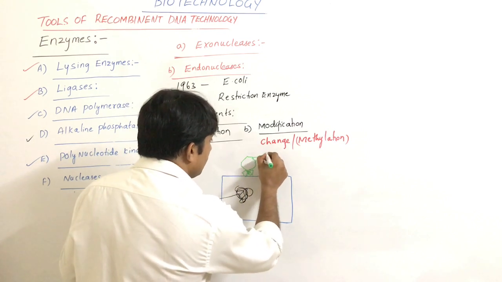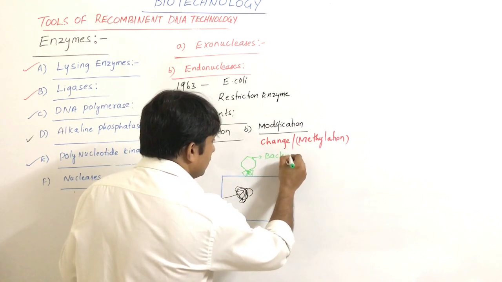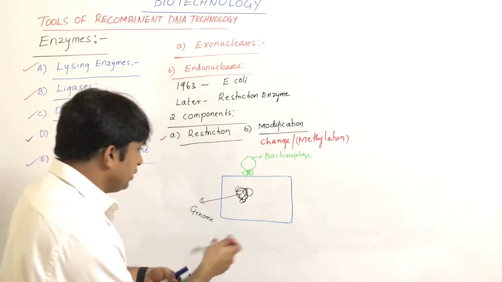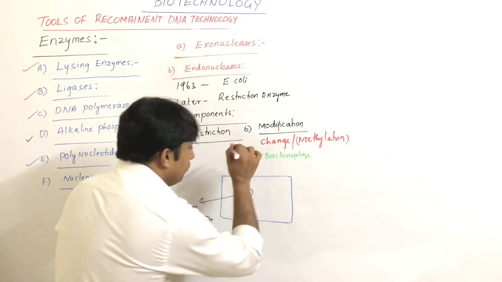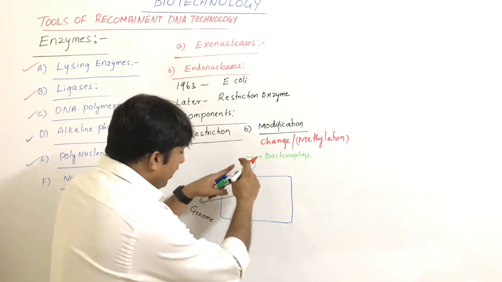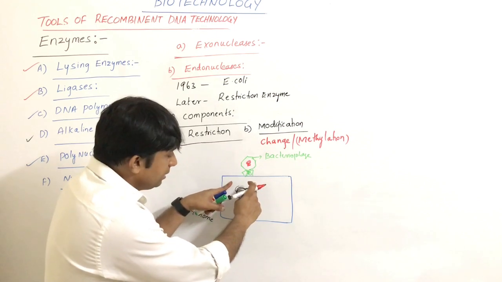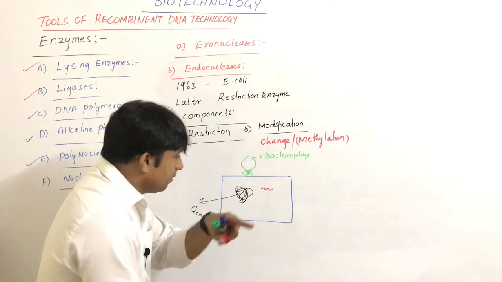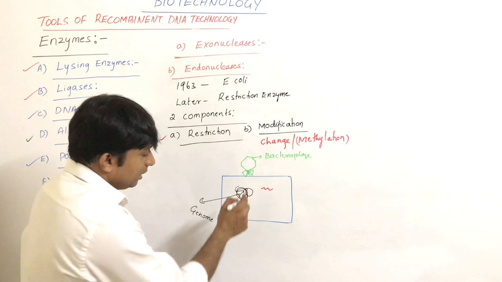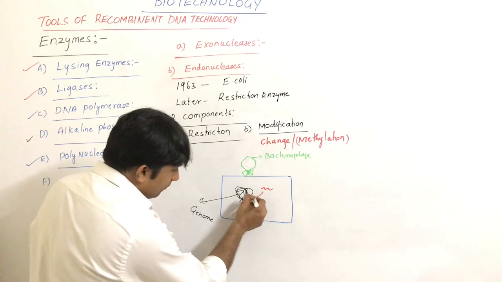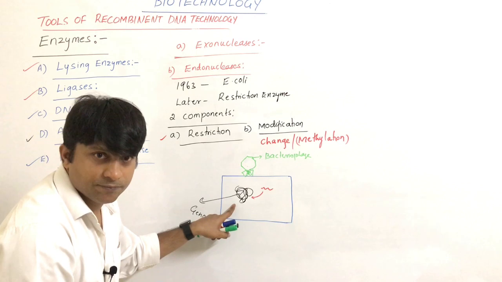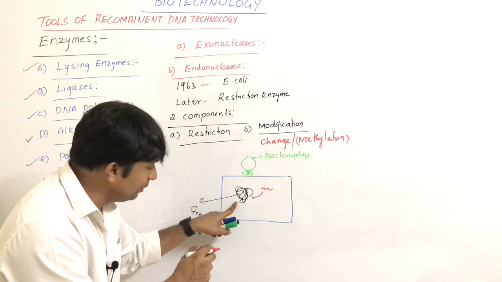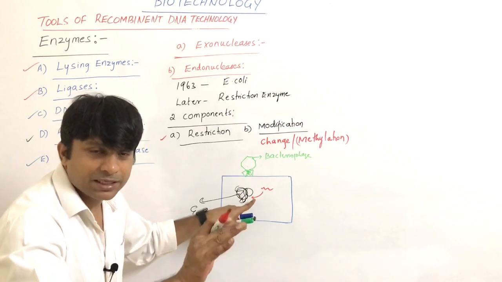This is a bacteriophage with its genome. The bacteriophage attacks the bacterial cells and introduces its DNA into the bacterial cell. So this DNA can infect the bacterial genome to produce phage particles. That generally happens.